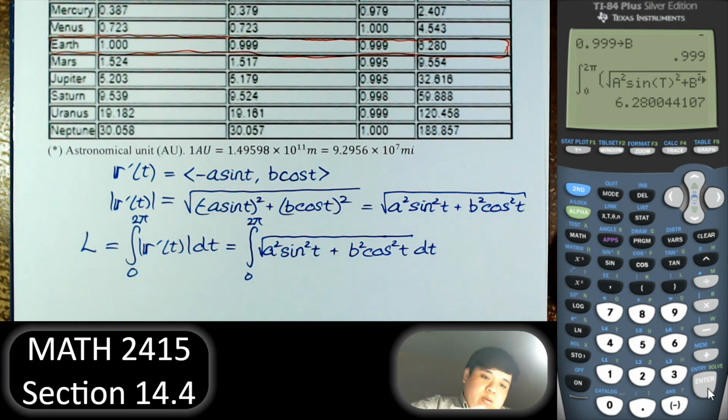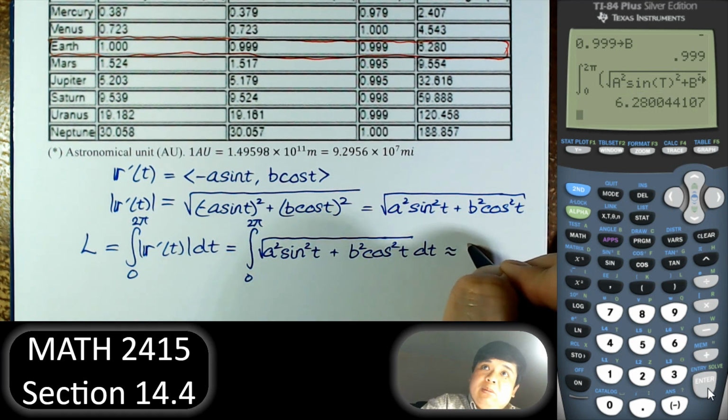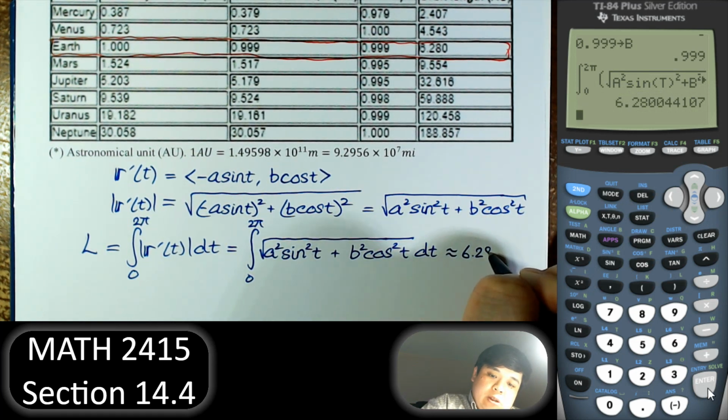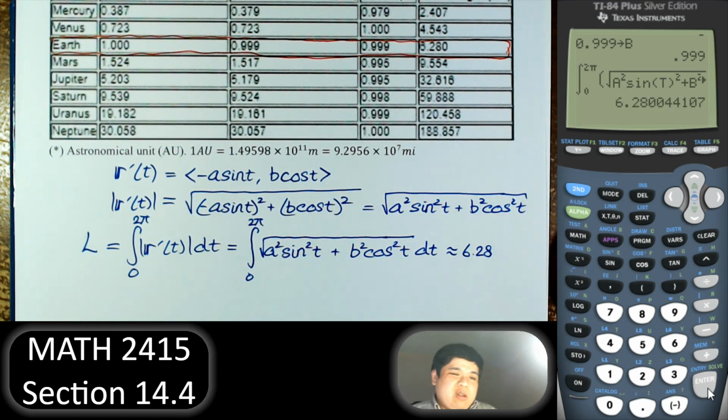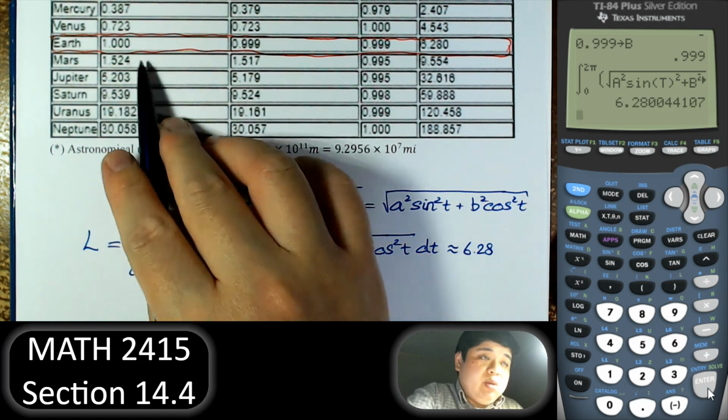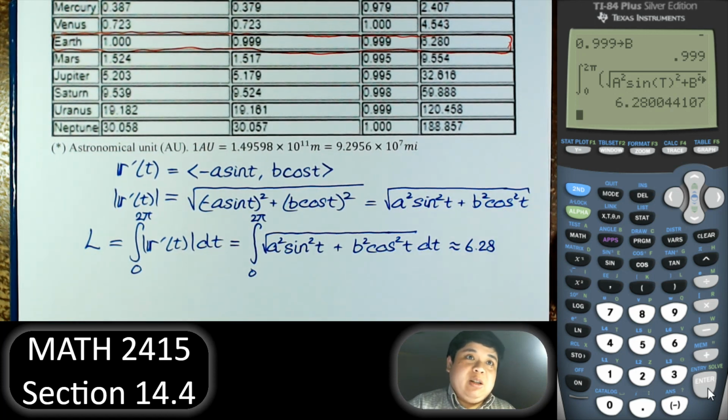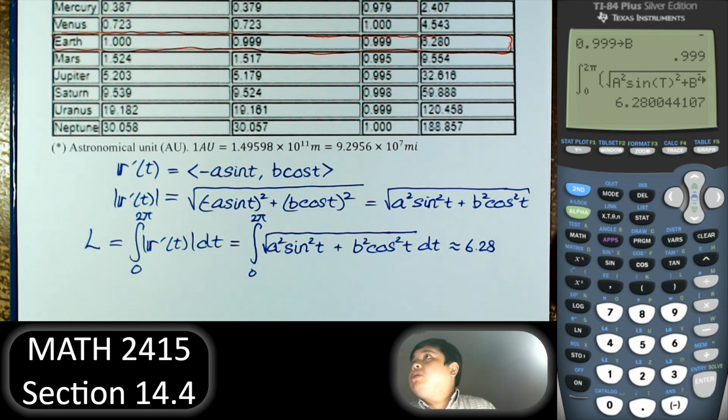So yeah, that's about right. Like I said, this is very close to a circle, so that's why it's not interesting. Something like the Halley comet is a lot more interesting. Yeah, anyway.